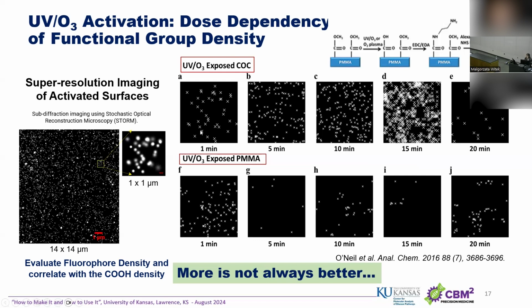So we're observing the density of single dye molecules on the surface, and that is indicative of the density of the carboxy functionalities. You can see that for COC up to 15 minutes, the number of those crosses is increasing, reaching quite a high density at 15 minutes.